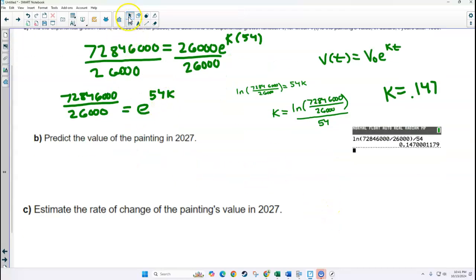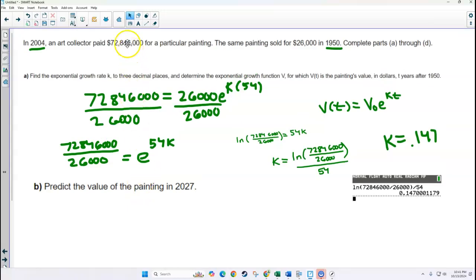Now we have what we need to answer a question like B, which is asking us for the value of this painting, which was initially $26,000, growing at what we now know to be approximately 14.7%, for, let's see, if the base year is 1950, this is 77 years later.